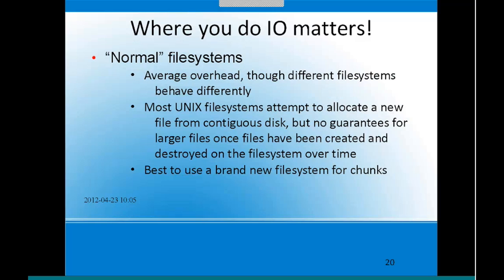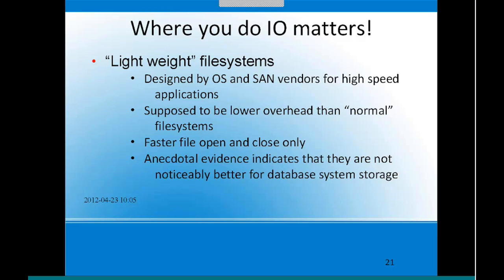Normal file systems, the usual Unix-style file systems from the past, like Ext2, are our baseline for how we examine the performance of other file systems. There have been some what are called lightweight file systems.